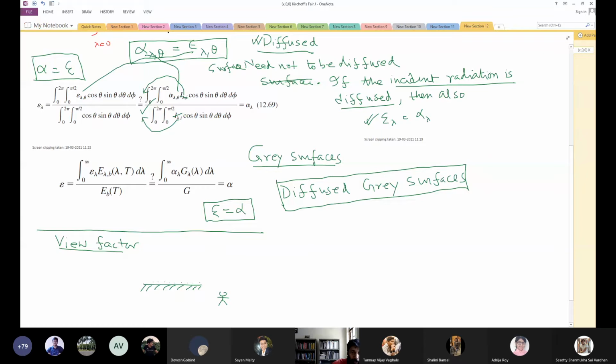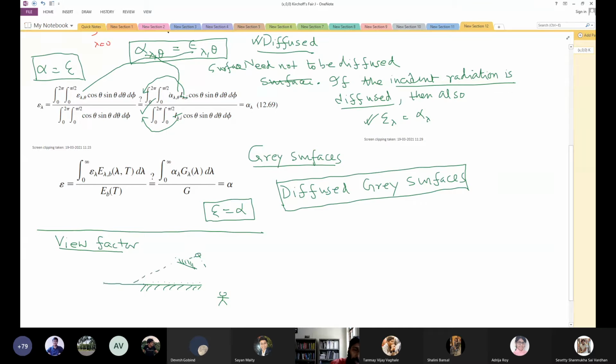Even if I am standing somewhere here, and something is blocking my vision, some other surface is here, I may be able to see only a part of the surface.